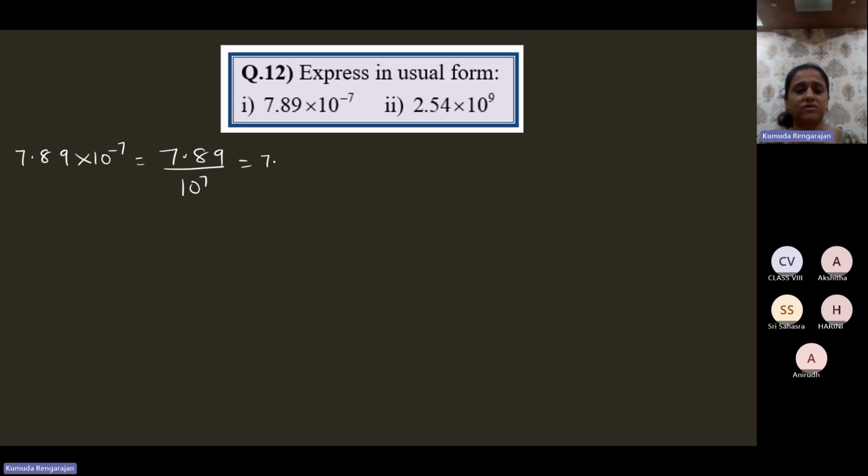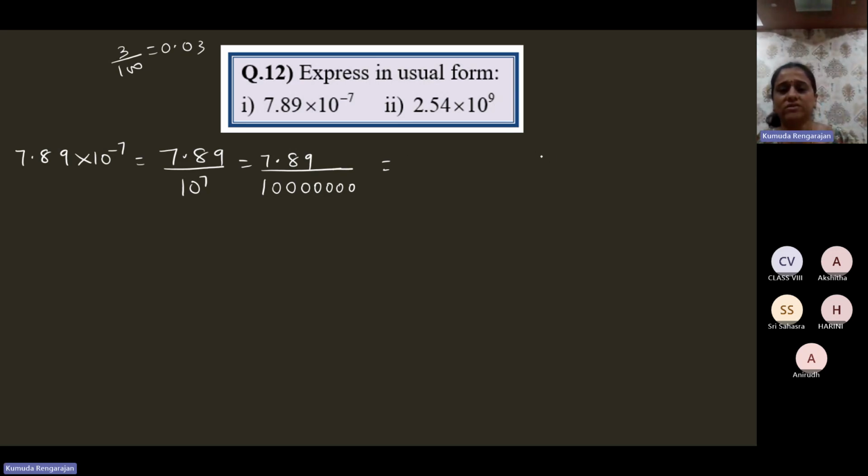Now this is nothing but 7.89 divided by 1 followed by 7 zeros. So now this is something which we've come across earlier. Like I was telling you, if you have 3 by 100, we know it is 0.03. So in the same way here, you just have to shift the decimal point to the left.